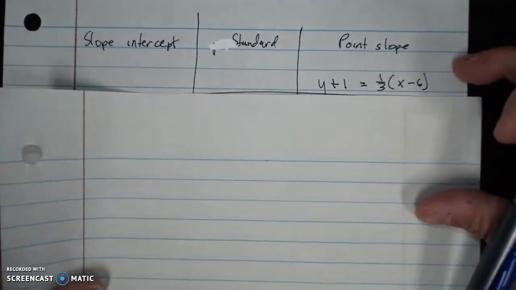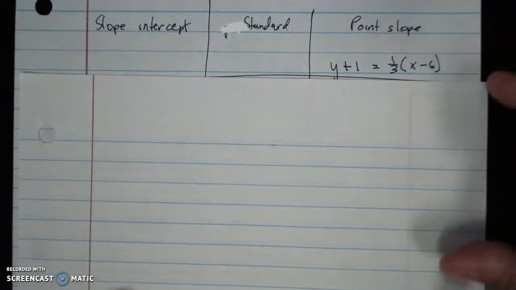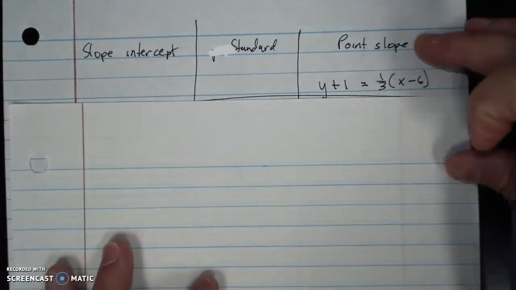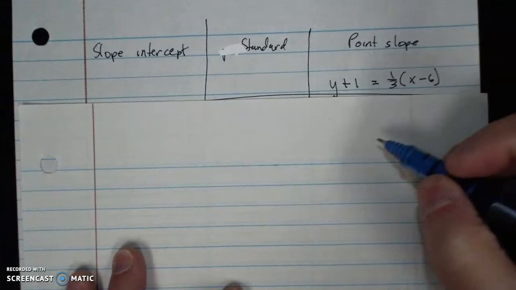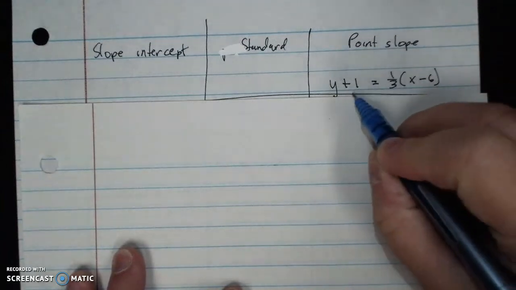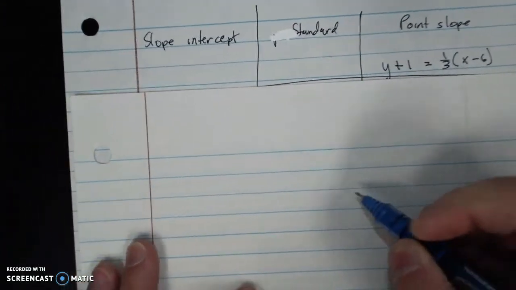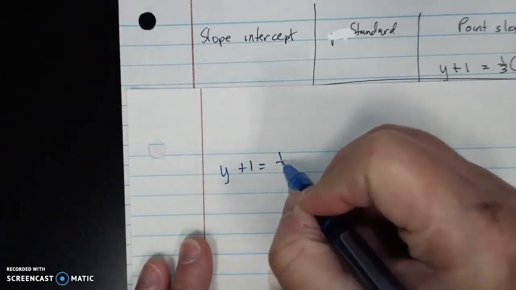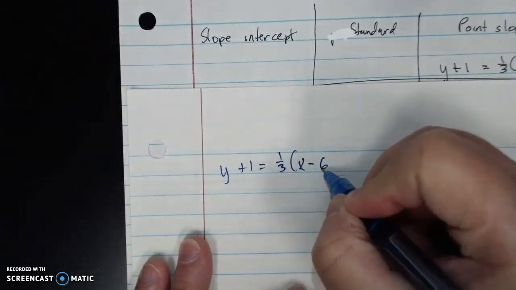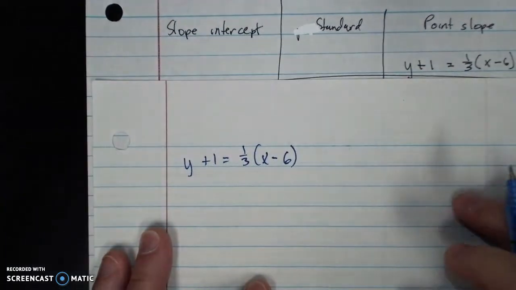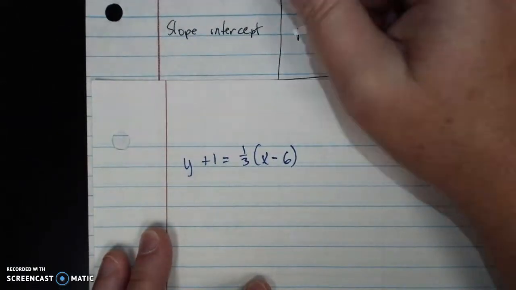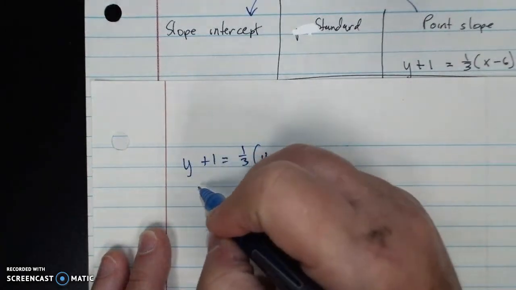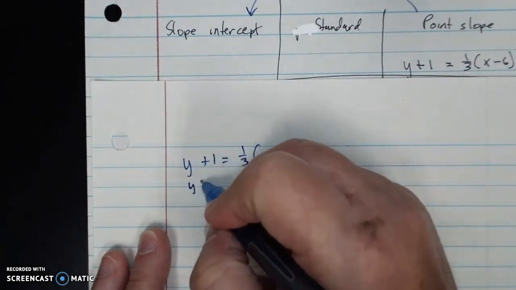So if I am given point slope, I can go to slope-intercept by manipulating and isolating the y. So I'm going to come over and go y plus 1 equals 1/3 of x minus 6, and I'm going to go from point slope to slope-intercept.